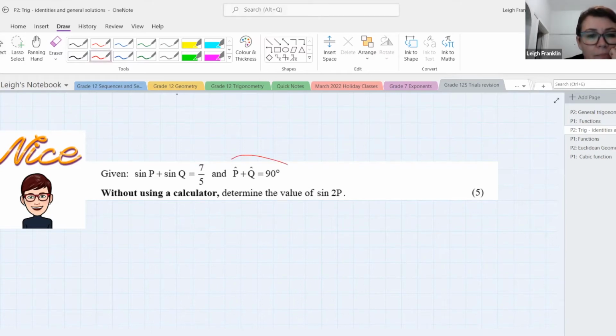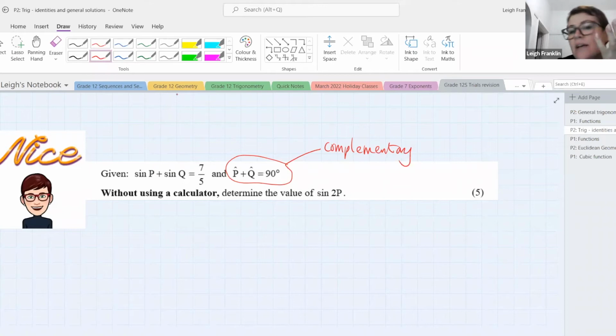Angles that add up to 90 are called complementary angles, aren't they? Let's consider it like this.